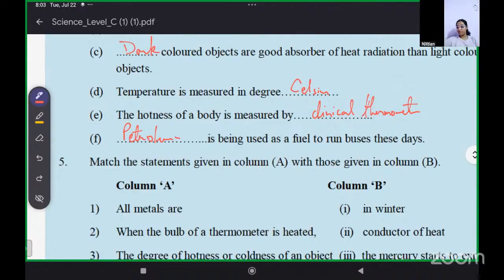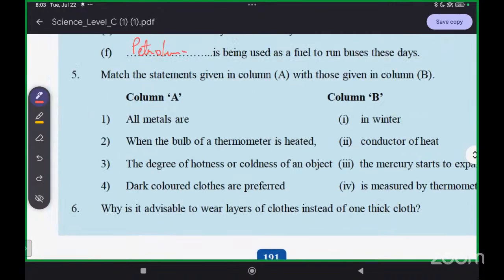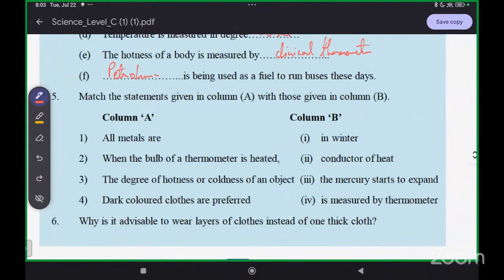Okay, so now match the columns. All metals are conductors of heat. Abraham, when the bulb of a thermometer is heated, the mercury starts to expand.